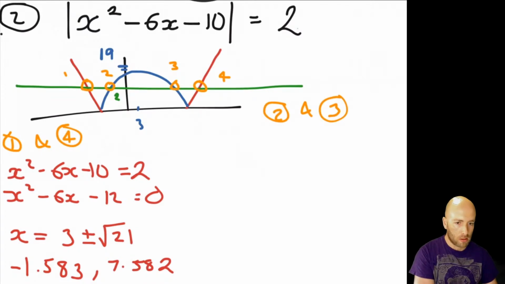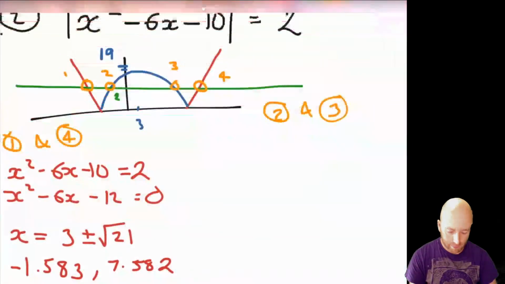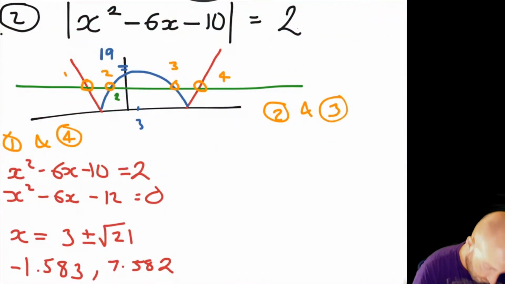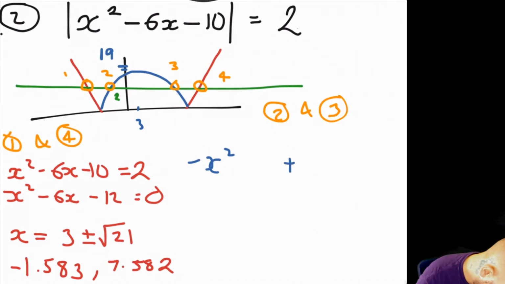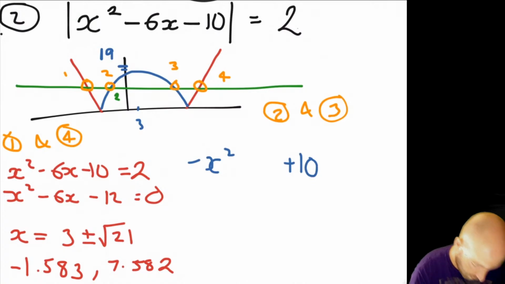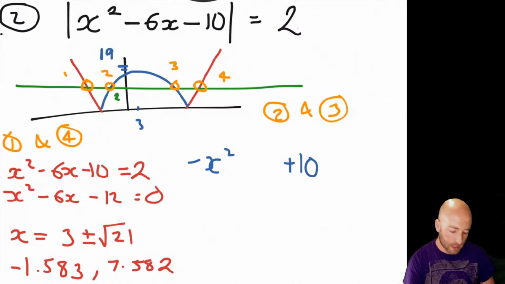So right. So yes, I agree with it's got to be a negative x squared. We can see that. It now has a positive intercept, so it's got to be a plus 10 on there as well. And it is going to be a plus 6x.